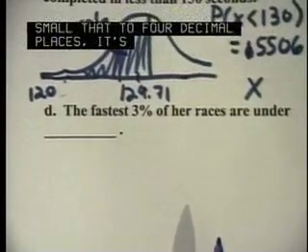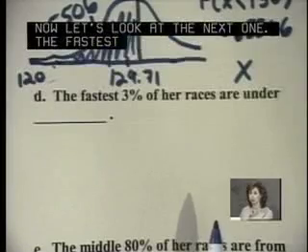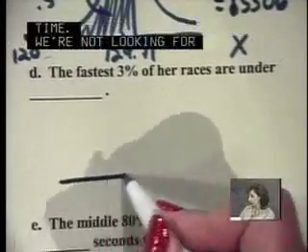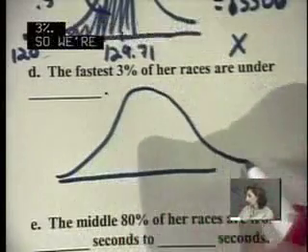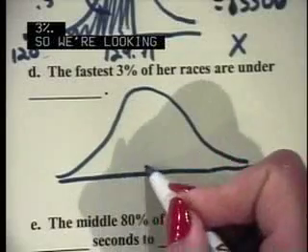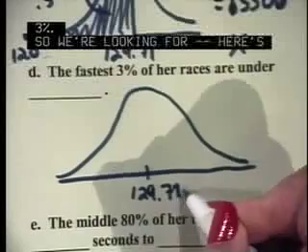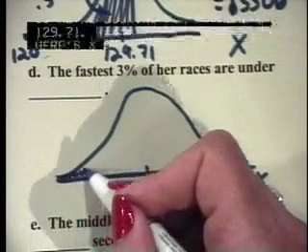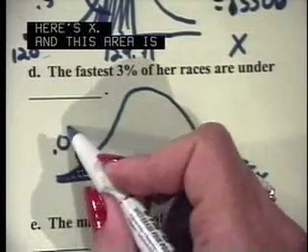Now let's look at the next one. The fastest 3% of her races are under, now we're looking for a time. We're not looking for a probability. We have the probability, 3%. So we're looking for, here's 129.71. Here's x. And this area is 0.03.